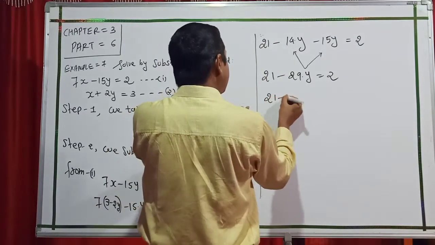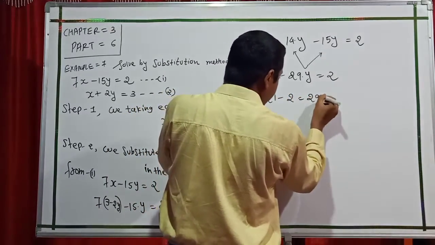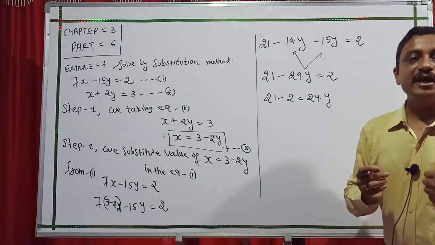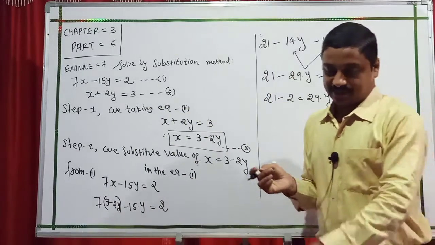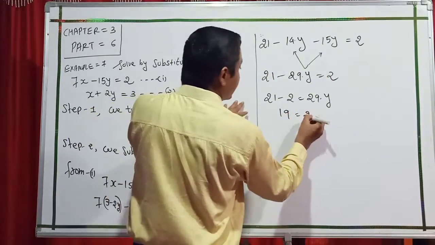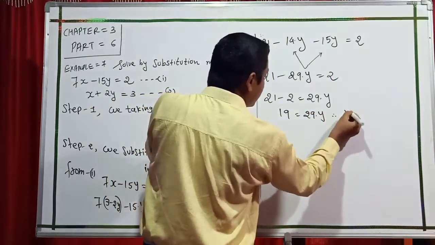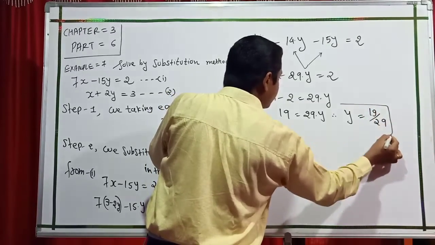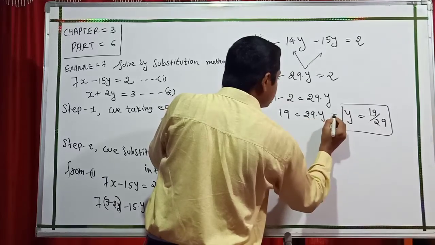So 21 minus 2 is equal to 29y. And how much is 21 minus 2? It is 19. Yes, so we get 19 is equal to 29y. It means y is equal to 19 by 29, and the first value is easily done.